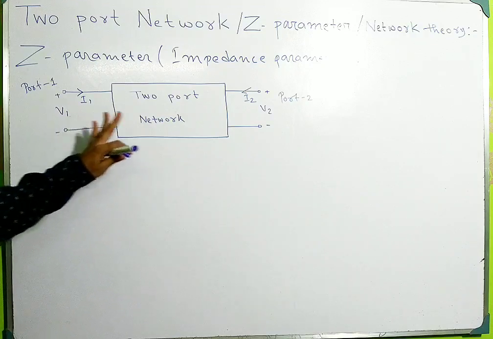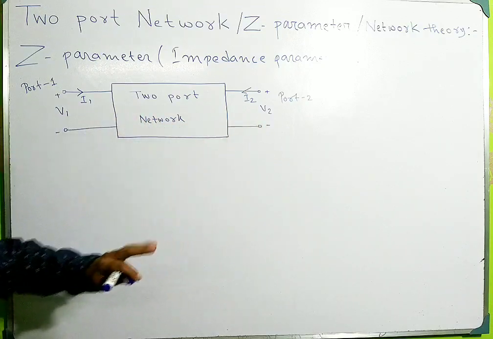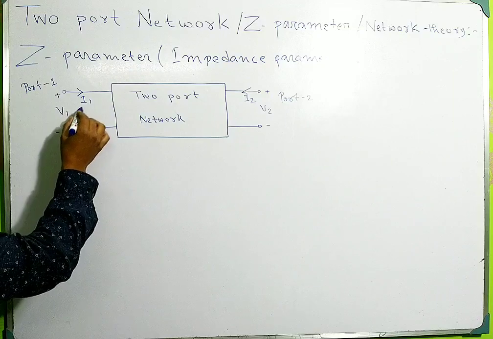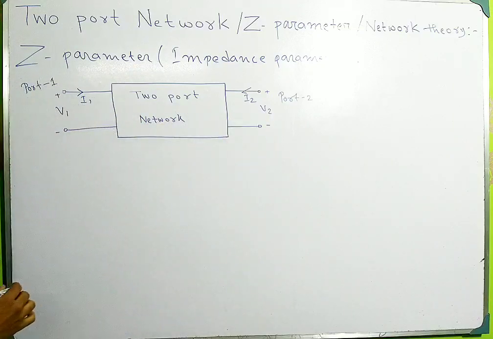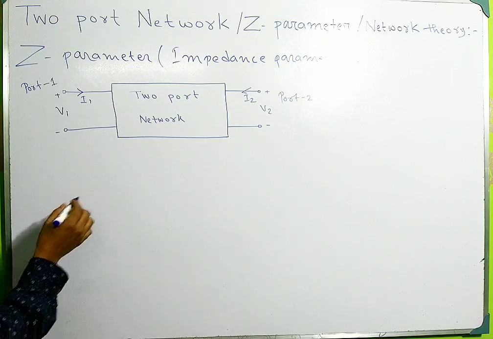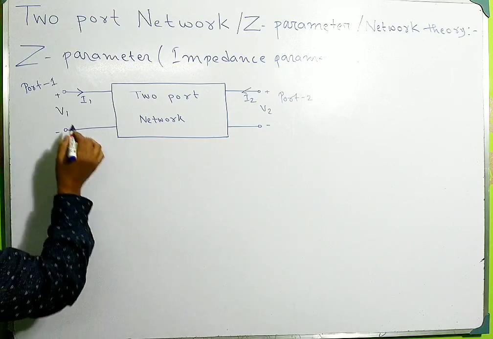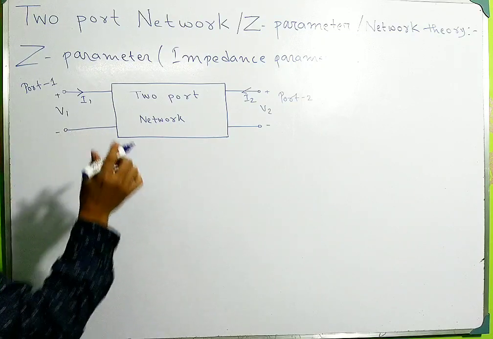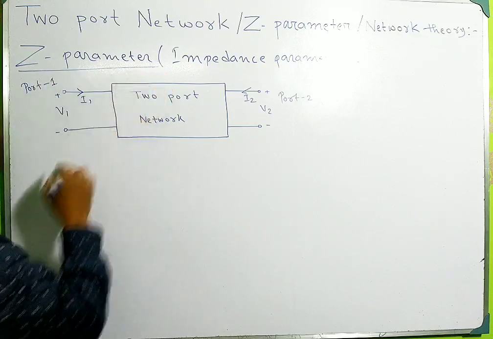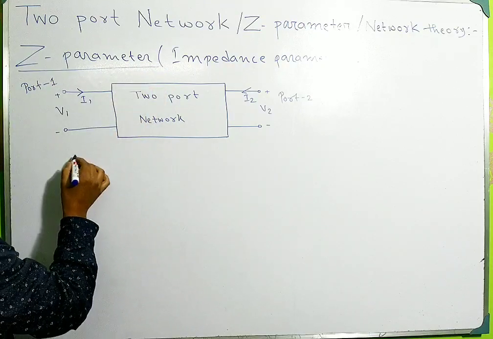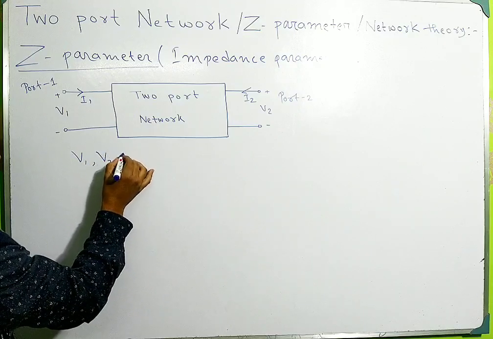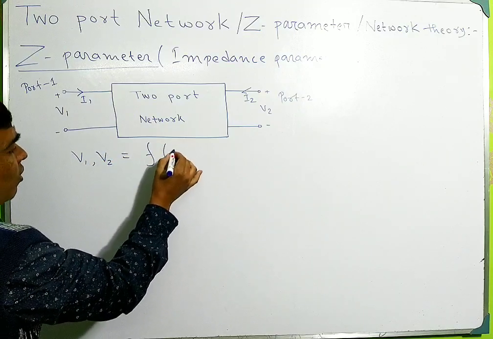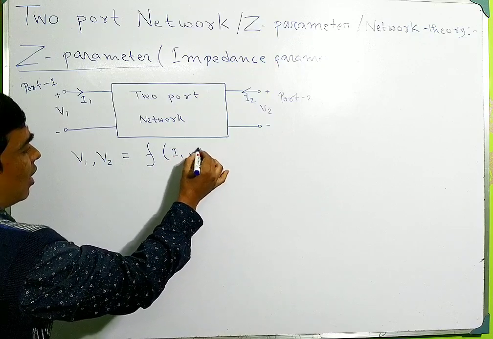So there are 4 variables, V1, V2 and I1 and I2. Now in this case we have to calculate the Z parameter. So V1 and V2 must be a function of I1 and I2.